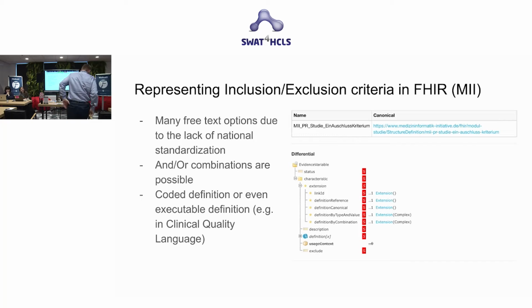All right. So I'm very excited about computable inclusion and exclusion criteria, even if they are by necessity optional. There was a project by the U.S. Food and Drug Administration, FDA, to model clinical practice.